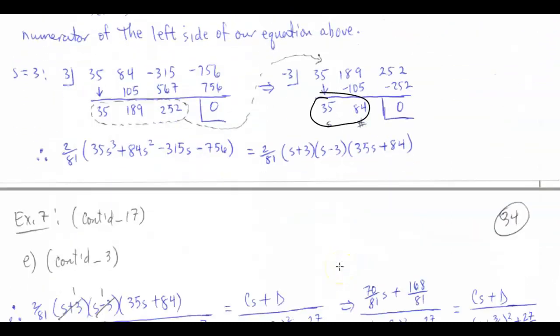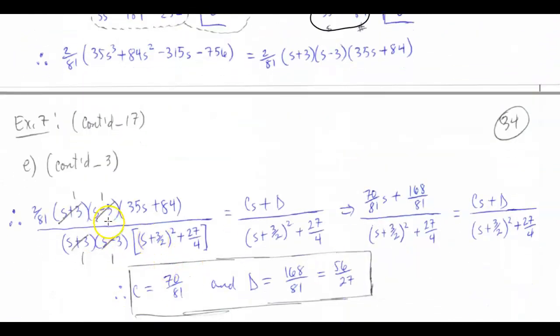So now that we have that in place, we can rewrite our numerator as everything that we just stated up here over s plus 3 times s minus 3 times the linear factor, and that has to equal this. We know the s plus 3 and the s minus 3 have to reduce to 1.